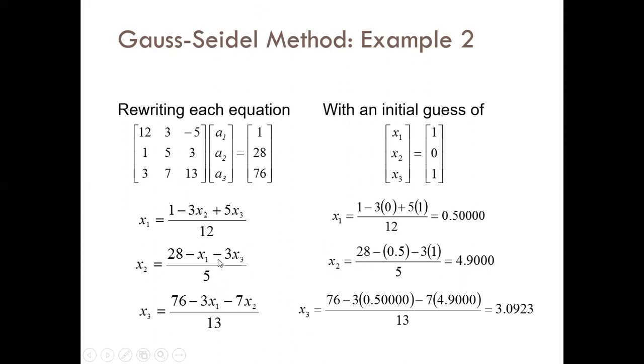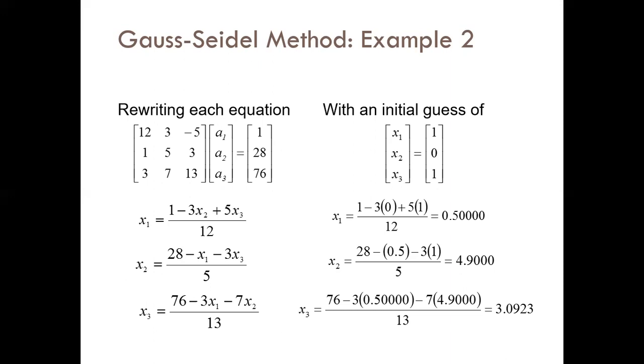For x2, put the values of x1 and x3. The x1 value is 0.5 and the x3 value is 1. Then 28 minus 0.5 minus 3 into 1 divided by 5. Then 24.5 divided by 5 is 4.9. For x3, 76 minus 3x1 minus 7x2 divided by 13.